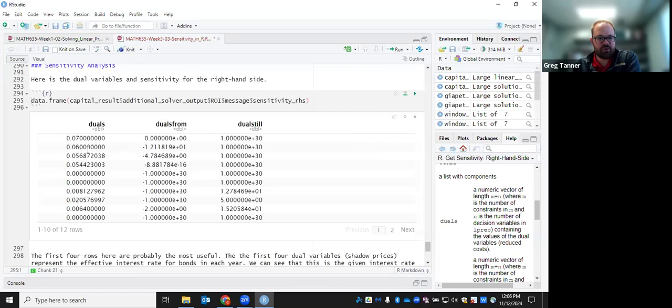So the duals for the first four rows of 7%, 6%, 5.7%, and 5.4% are essentially the effective interest rates on bonds in those years. In the first 2 years, they're exactly the bond interest rates that we'd be charged.